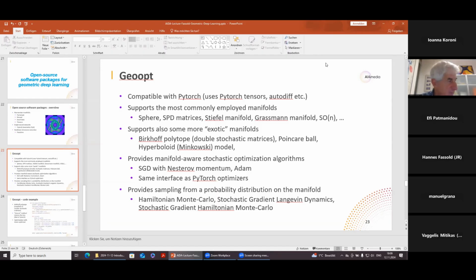The issue is usually these operators, for example the convolution operator on a manifold, or even simple things like the exponential and the logarithm map on the manifold.